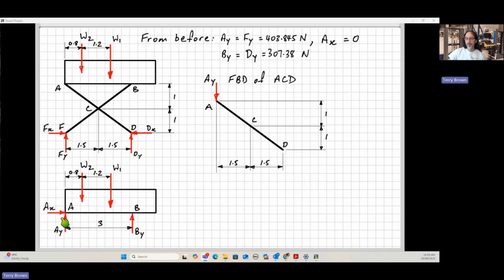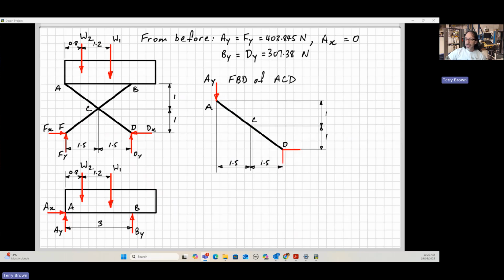That AY there acting on the platform is the force that the member ACD exerts on the platform. Following Newton's third law, action and reaction pair, the force over here on point A of the member ACD must be equal and opposite to that. So this is the force that the platform exerts on the member CD.